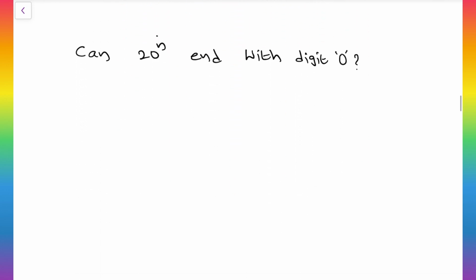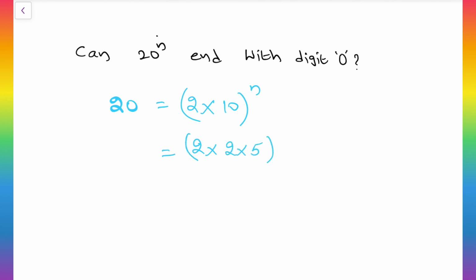Next question. Can 20 power n end with the digit 0? The same concept we need to follow again. Let us do the prime factorization of 20: 2 into 10 power n. Again, 10 is not a prime number, so 10 can be written as 2 times 5, whole power n.